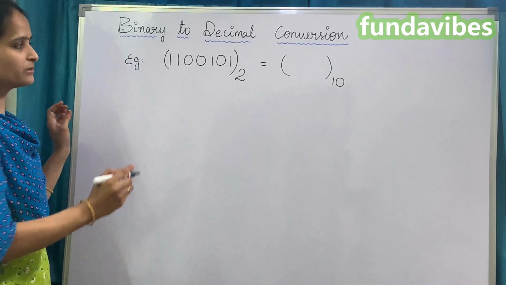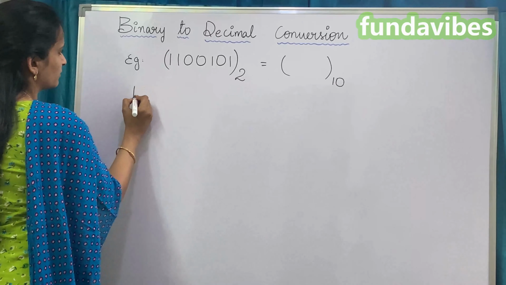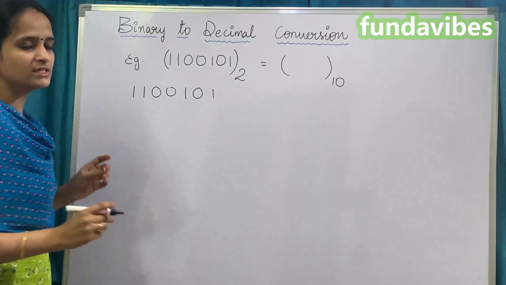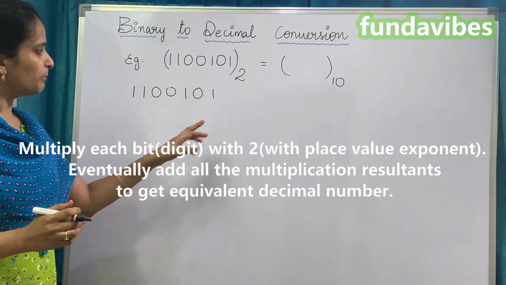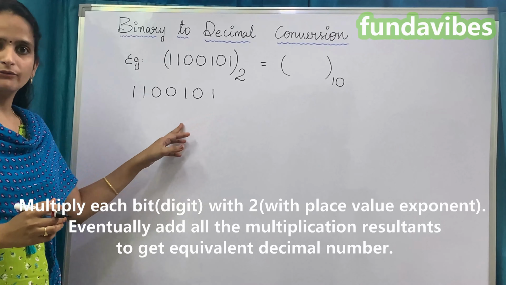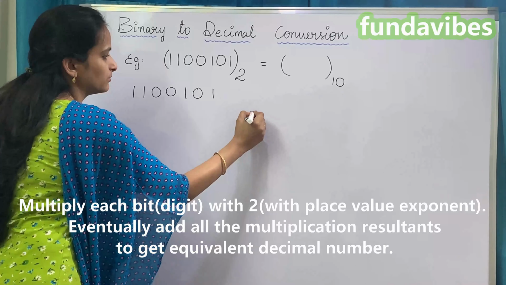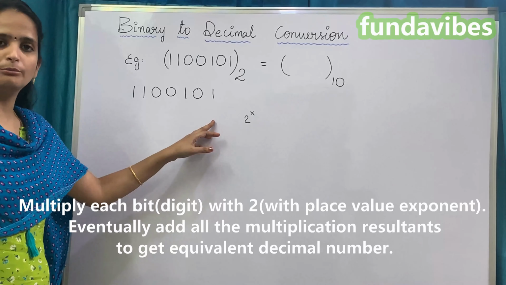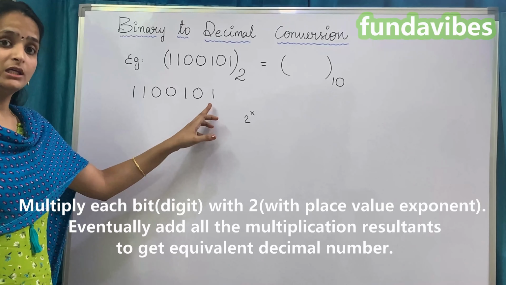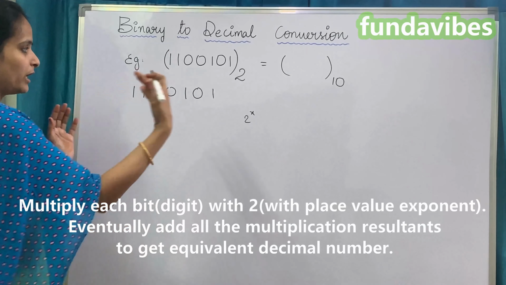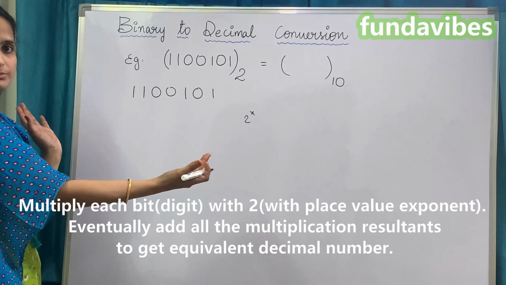So for this, it is just a simple process: multiply each and every bit with 2 power x. As this is a binary number, we multiply each and every bit with 2 power x, starting from the rightmost bit to the leftmost bit.